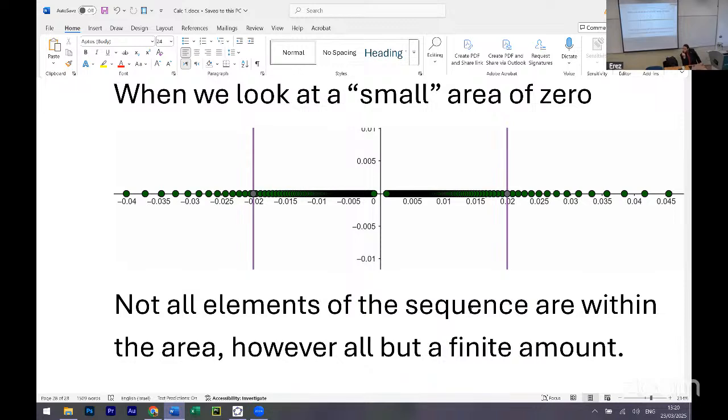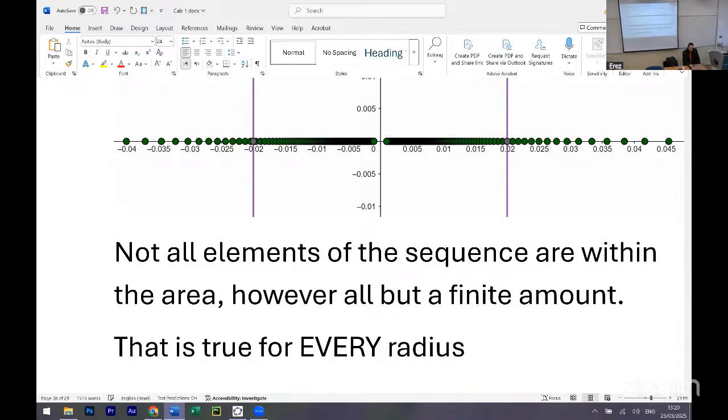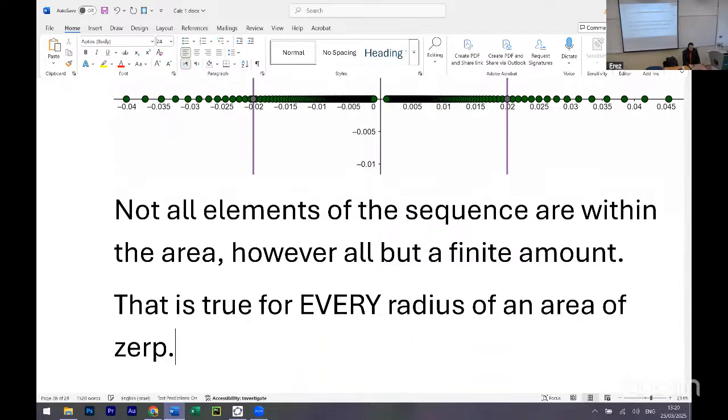How small is the radius? No, it doesn't change the answer. That is true for every radius of an area of 0.